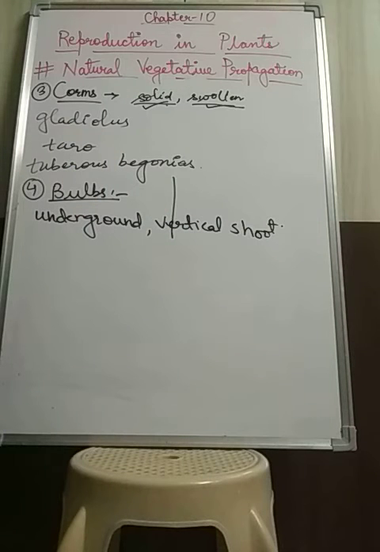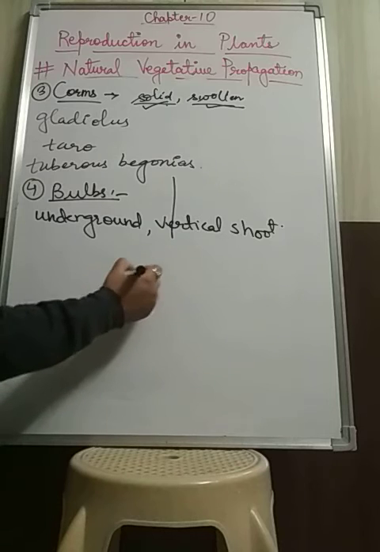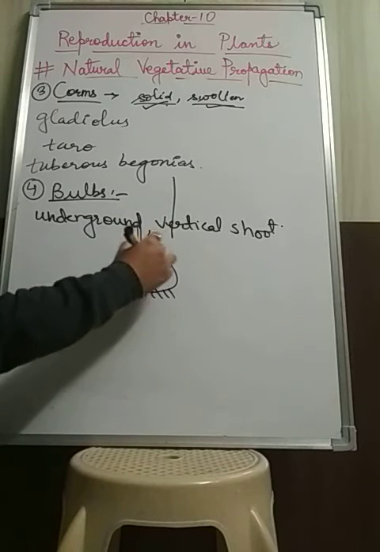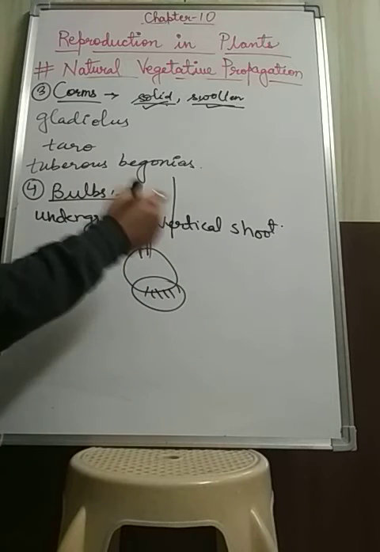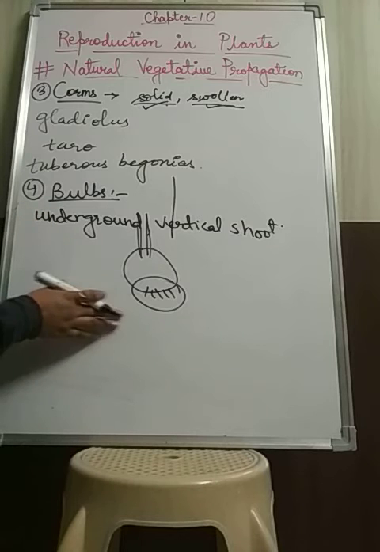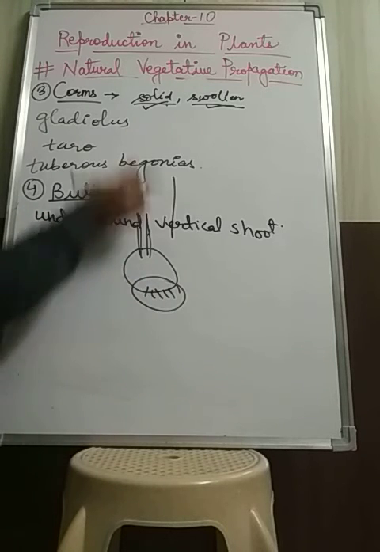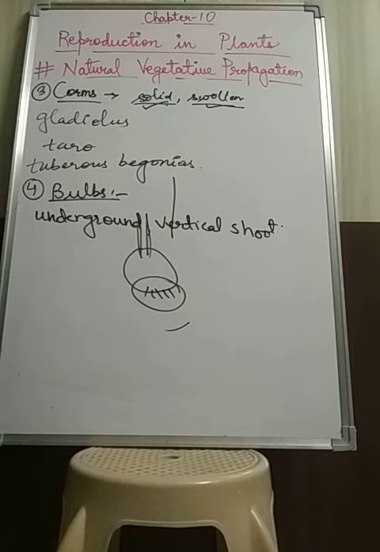A bulb can develop into a new plant when roots start to arise. If you see onions, when the roots start to grow and the shoot part is there, the plant starts to develop new plants. New plants arise with roots from the underside of the base, and new stems and leaves from the upper side. Roots from the lower side and leaves from the upper side.